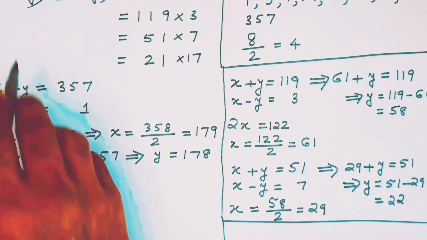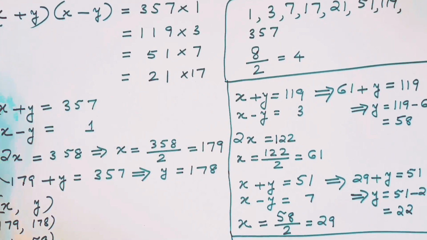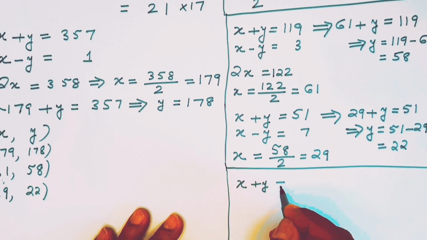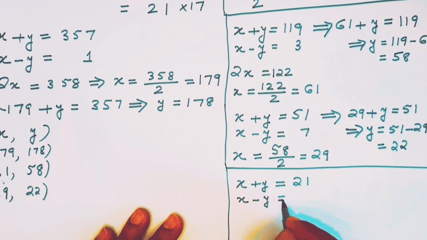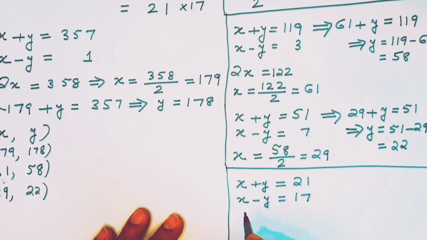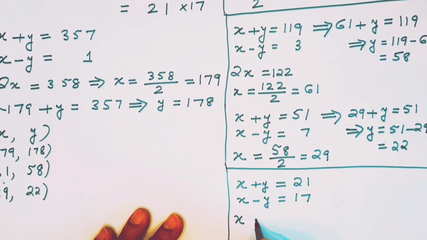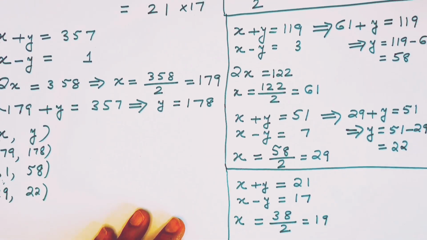Now we will equate x plus y and x minus y to 21 and 17. So you have x plus y equal to 21, x minus y equal to 17. Adding, 2x equals 38, and there is a 2 here. That will come here and you will get 19.